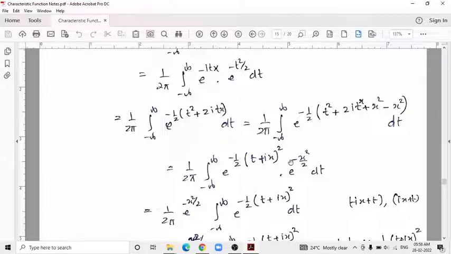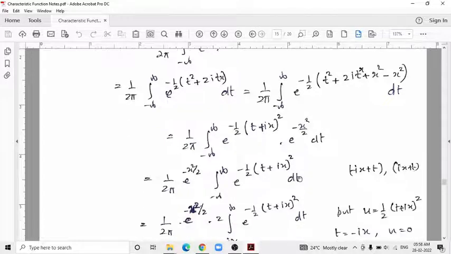That is why there is e raised to minus x square by 2. So three terms like t square, 2itx, and x square were taken together and brought to a perfect square t plus ix whole square, along with the remaining part e raised to minus x square by 2. And so in short, it is 1 by 2 pi e raised to minus x square by 2 integral minus infinity to infinity e raised to minus 1 by 2 t plus ix whole square dt.